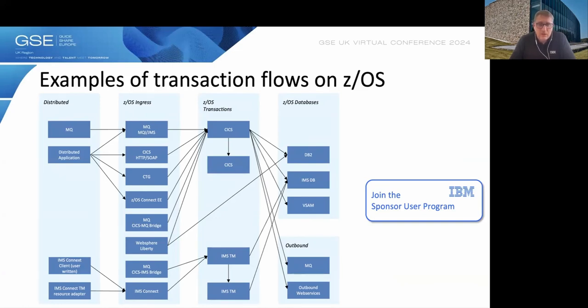But there are various different interactions between those different z/OS subsystems and middleware systems that we have available on the mainframe. And the objective here is really to look at those different combinations and flows that can be present in transactions as they are implemented at customers' environments. And as we are discussing distributed tracing, then provide visibility to them.